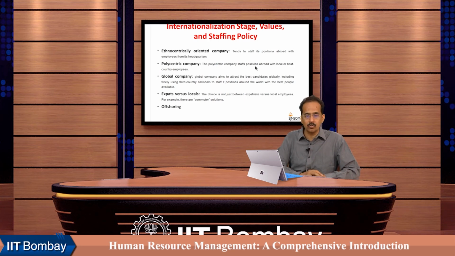Polycentric companies staff the positions abroad with local or host country people. Global companies aim to attract the best candidates globally, including freely using third country nationals to staff positions around the world with the best people available.